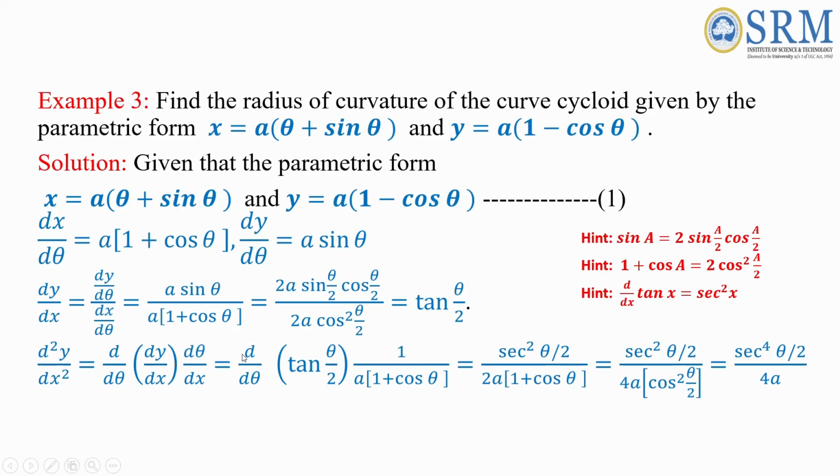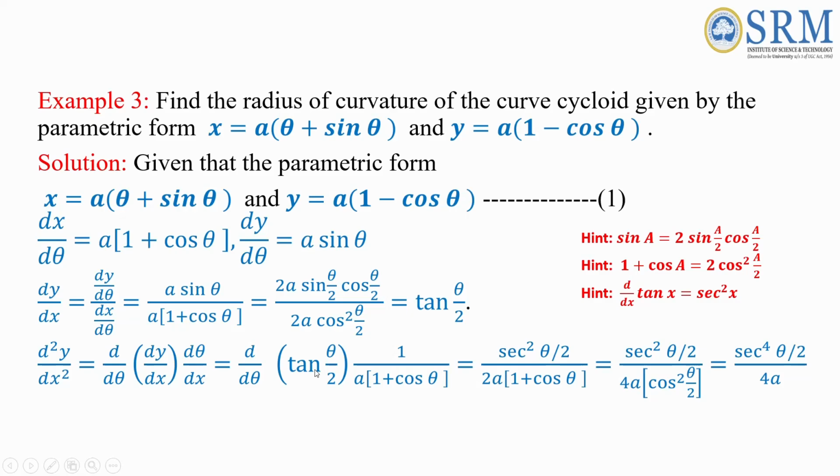To calculate the second derivative, we use the chain rule. d square y by dx square is d by d theta of dy by dx into d theta by dx, and dy by dx is tan theta by 2. You just plug this here, and d theta by dx is the reciprocal of this expression, that is 1 divided by a into (1 plus cos theta), and the derivative of tan theta is secant square theta.